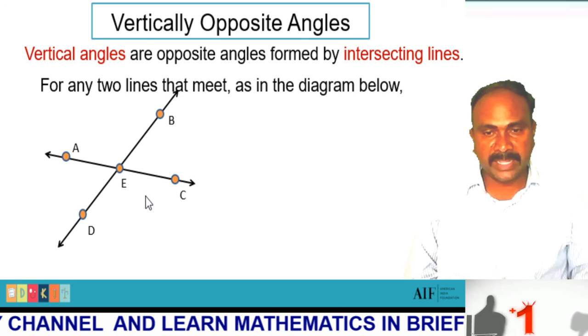So these have no common arm. So they are called vertically opposite angles. Another pair: angle AED and angle BEC, the red marked one. These are also vertically opposite angles.